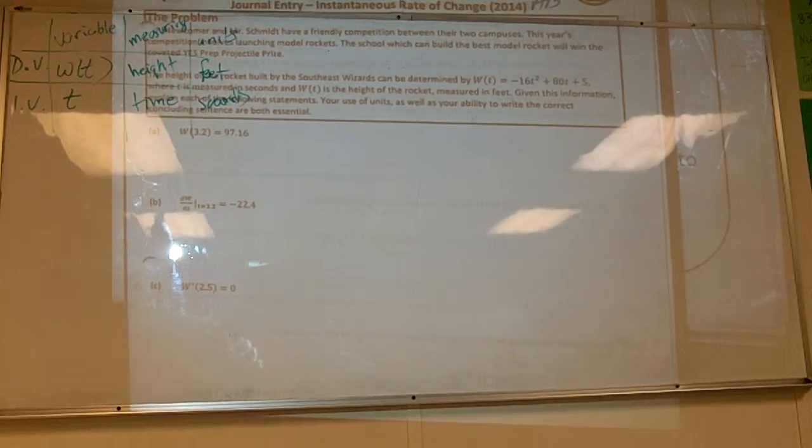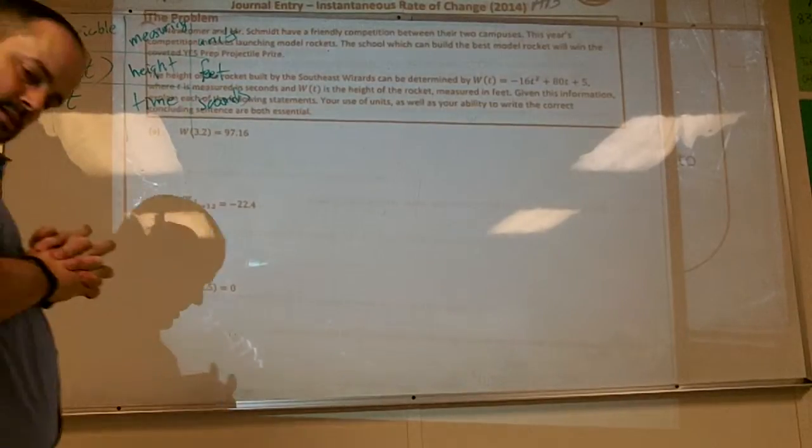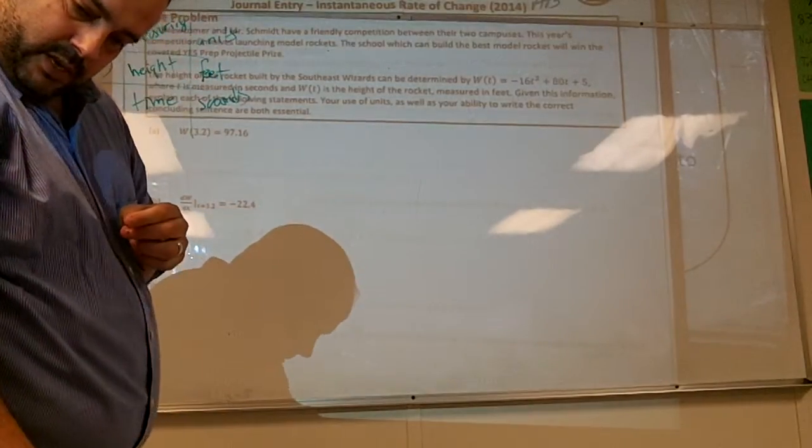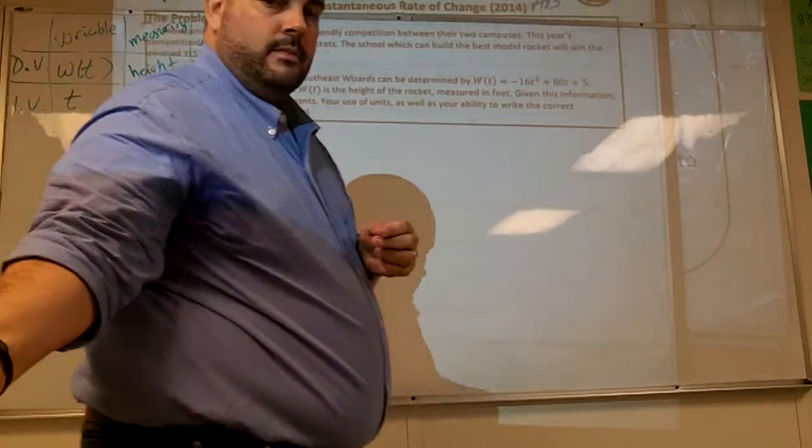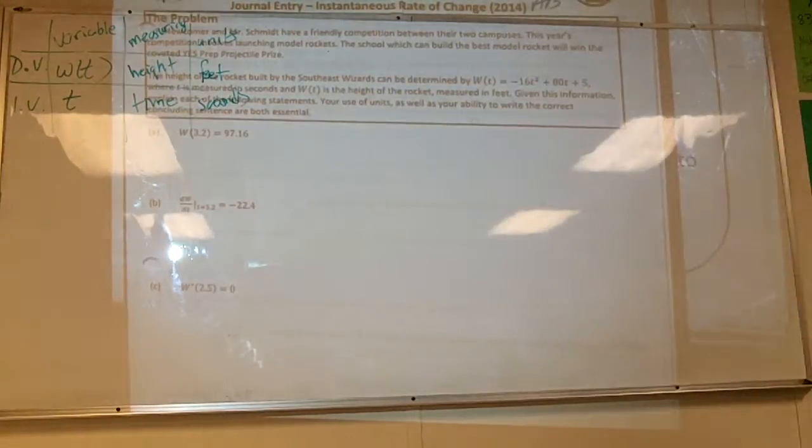It stops in the air. No, because if we graph it, at 3.2... Oh wait, no. Yeah, it might stop in the air. At 2.5 seconds, the height of the rocket is staying constant. Nice. All right.